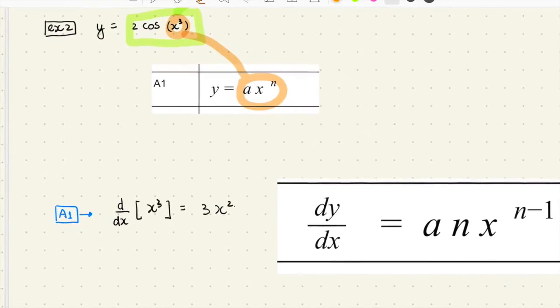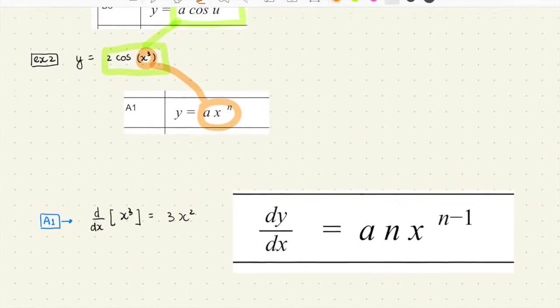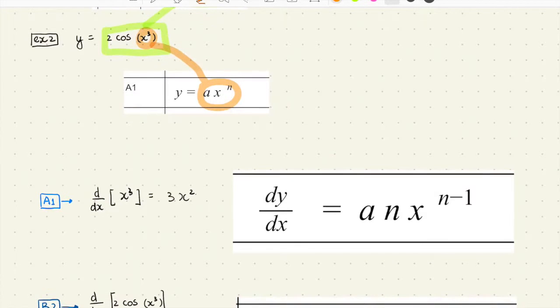Now that we know we must use formula B3 and A1, we apply formula A1 first. A equals 1, n equals 3, which means a times n is 3, n minus 1 is 2.